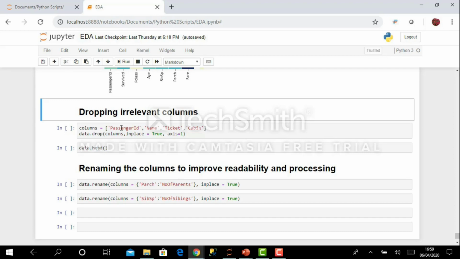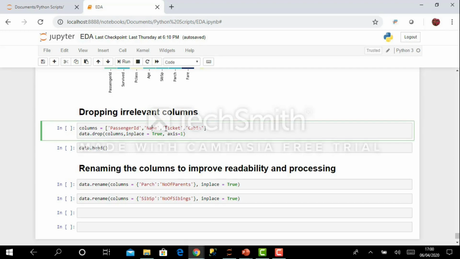I found that this passenger ID, this kind of ID field, cannot have any relationship with the survival column, and their name also does not have anything to do with the survival, right? There should not be any relationship between name and whether the passenger survived or not.